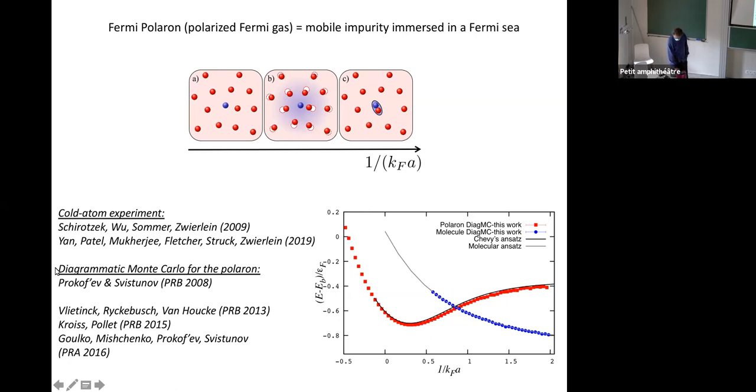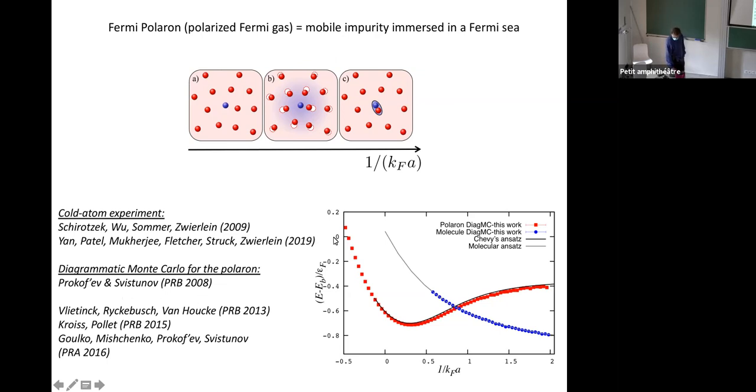Now, to show that this transition happens, Prokofiev and Svistunov developed a method called diagrammatic Monte Carlo, where they evaluate a series of Feynman diagrams. And with this, they could solve the problem. And here you see the result of such a calculation. This was done by my student a few years ago, using essentially the same method as Prokofiev and Svistunov, confirming what they found earlier.